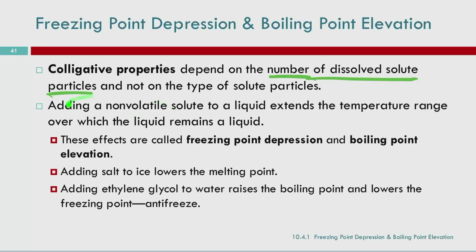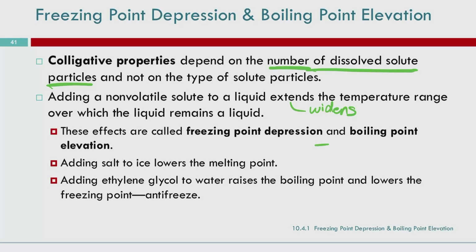So what happens is you add a non-volatile solute, so a salt, or some dense liquid, to another liquid, and that extends or widens the temperature range. So the freezing point drops and the boiling point elevates, or goes up.